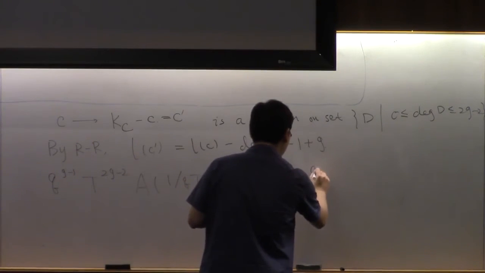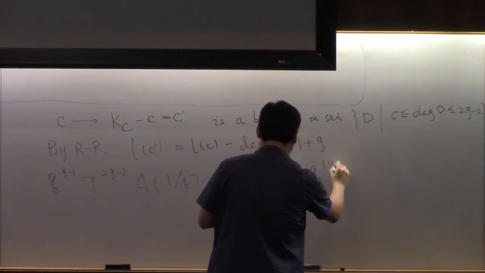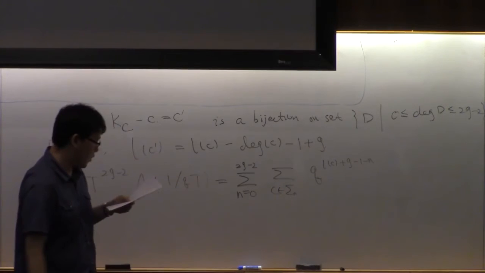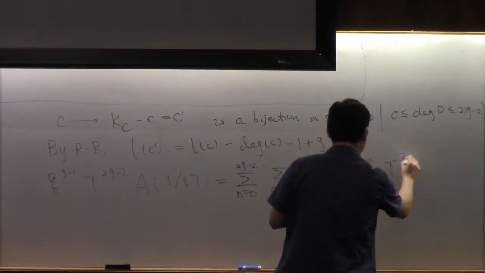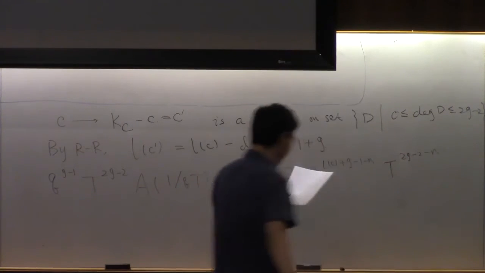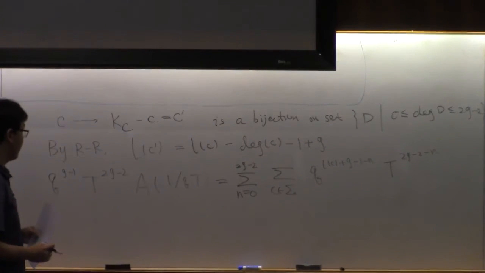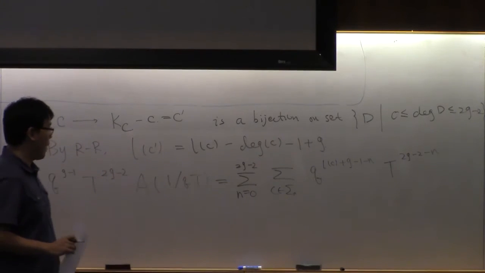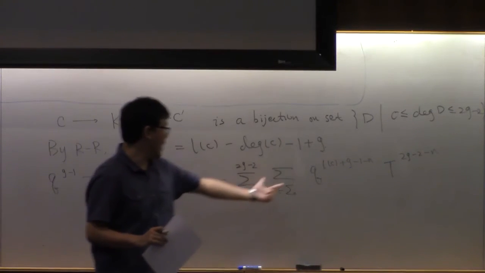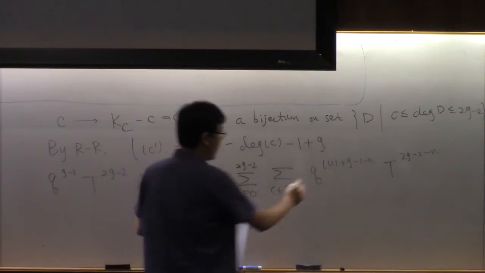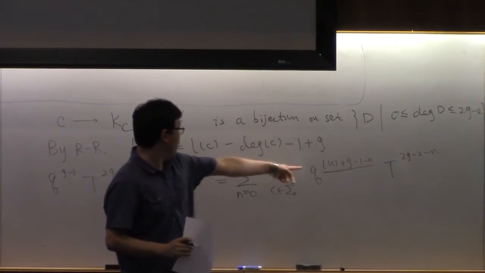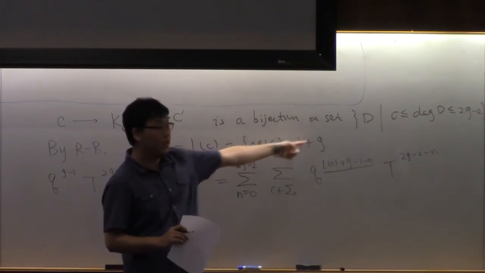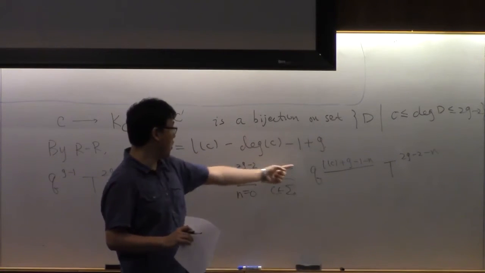Then here you have a power of q and also a power of T. You plug in the expression, and the exponent is l(C) plus g minus 1 minus n, where n is the degree of C.